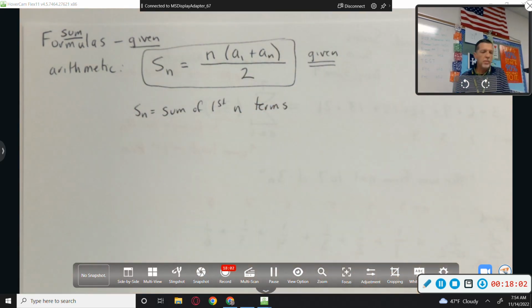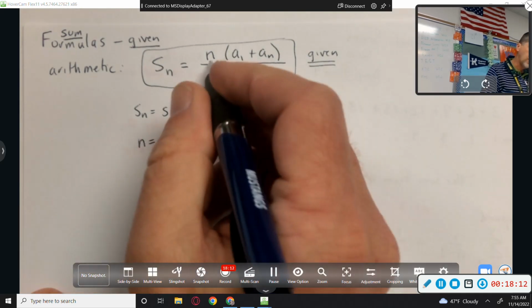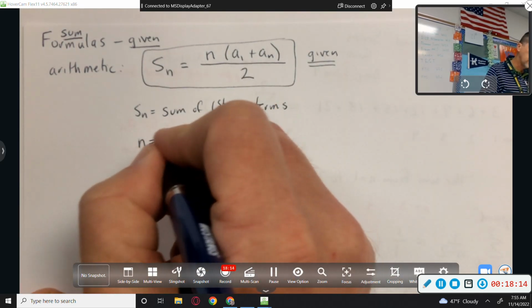Sn is the sum of the first n terms. Most of these make perfect sense as what they are. N is the number of terms.